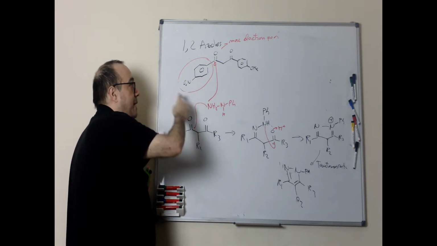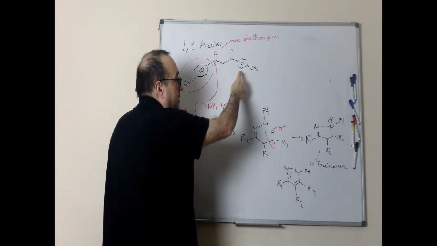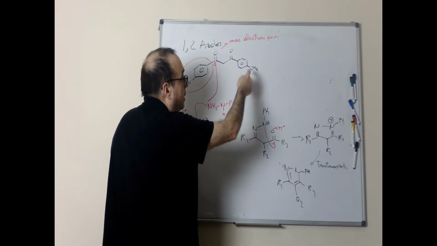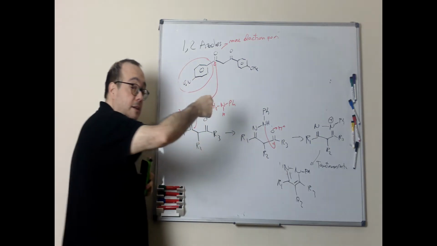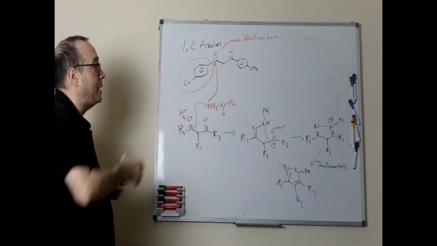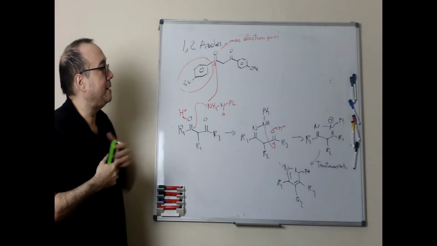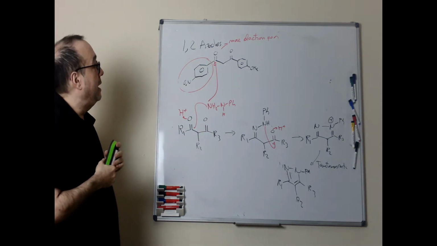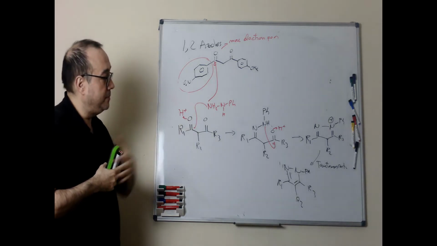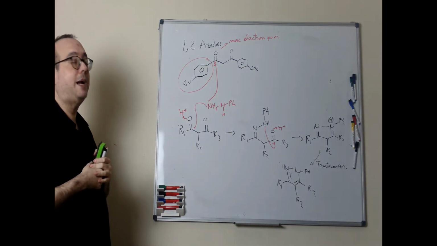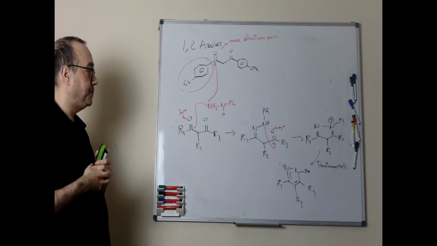This aromatic ring is more electron poor because we have a nitro. This aromatic ring will be more electron rich because we have an electrodonating group like the methoxy, and then the nitrogen will attack the most electron poor carbonyl, following exactly the same mechanism as before.